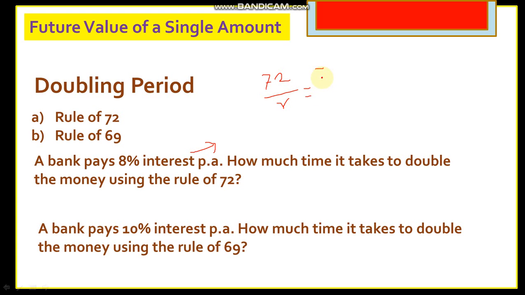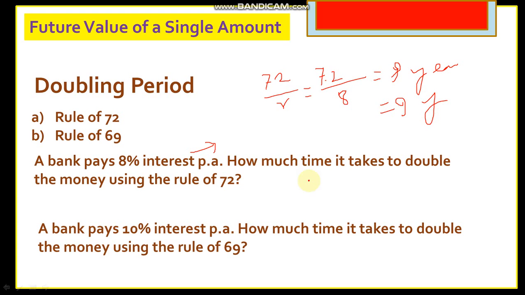So 72 here, and my interest rate is how much? 8%. So I just simply write 8. So it takes 9 years to double my money.